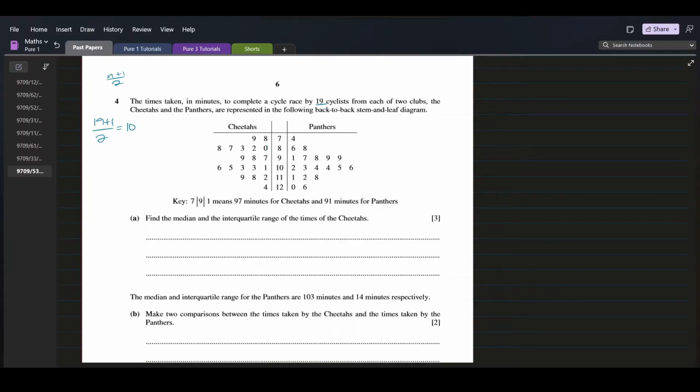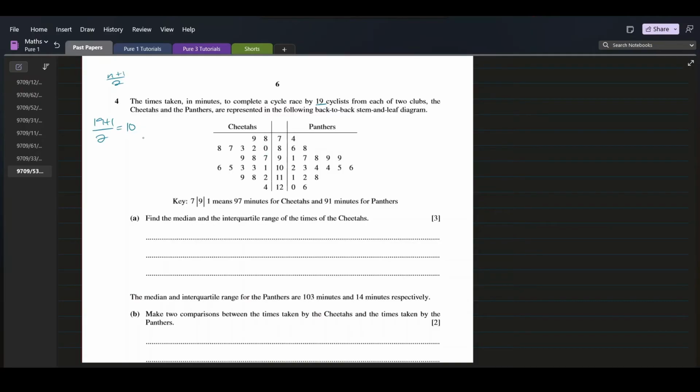So if we count the Cheetahs, remember that using our key, this is 78, 79, 80, 82, 83. So we count going upwards from right to left. It's counterintuitive. You'd expect to count from left to right, but when you're using a stem and leaf diagram, for the left hand side, we're going to count from right to left.